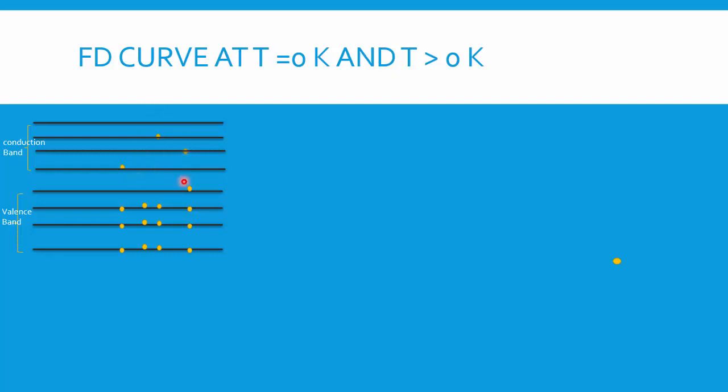If I plot this for temperature greater than 0 Kelvin, I get this kind of plot. For the first 1 or 2 energy levels you will have full attendance. Then slowly, as you go to the higher valence band, the attendance will not be 1, it will decrease.